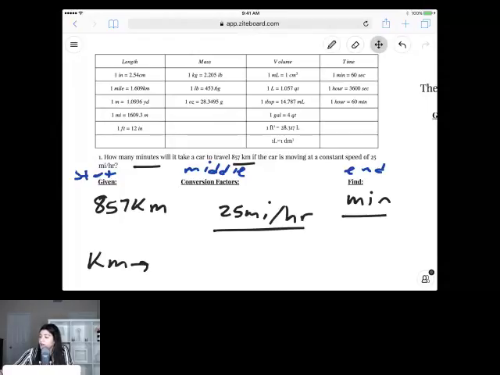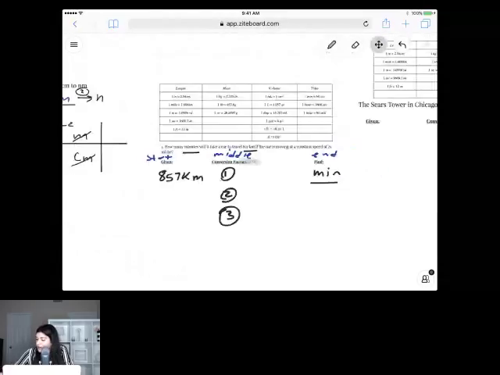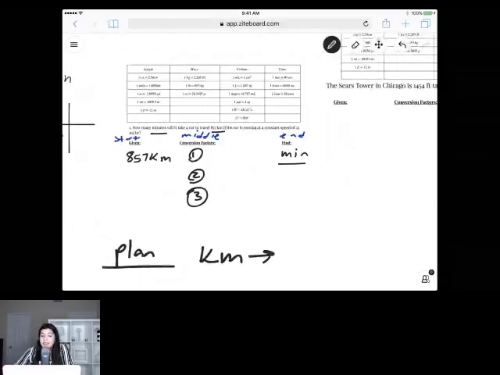Okay. And I'm going to actually erase this conversion factor, and I'm going to put all of the different ones that we have to use. And I'm excited to actually explain this. Let's see. So our plan, kilometers going to something else. So we need to somehow get to miles. And how did I know this? Because our conversion factor said it was 25 miles per hour.